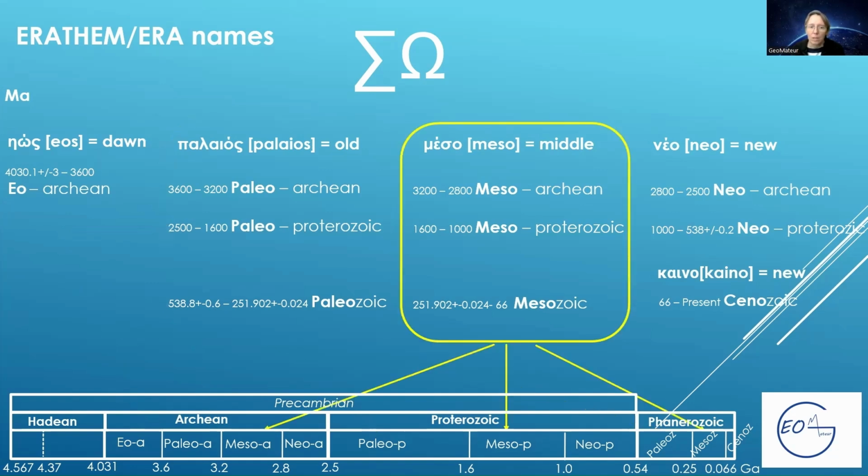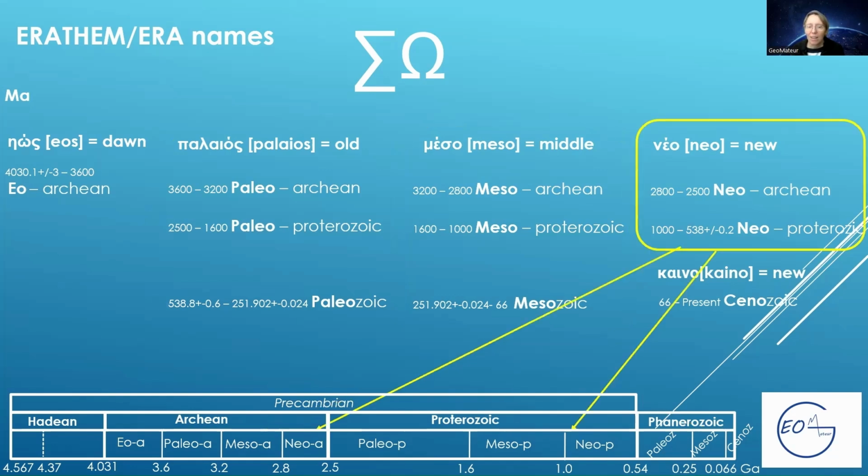The word meso means middle in Greek, and if you look at this graph, you can see that it's in the middle. So the erathem or era is located in the middle. So we have Mesoarchean, Mesoproterozoic, and Mesozoic. And neo means new.